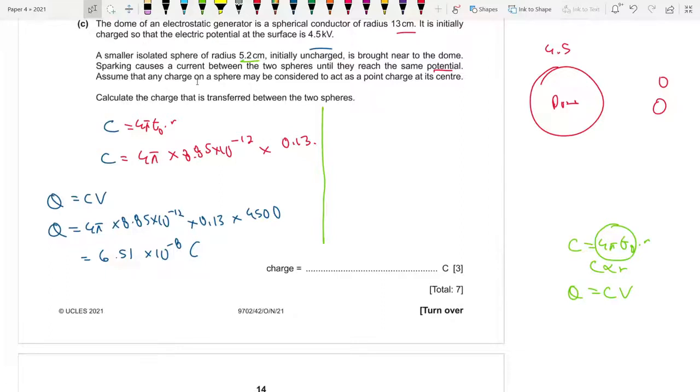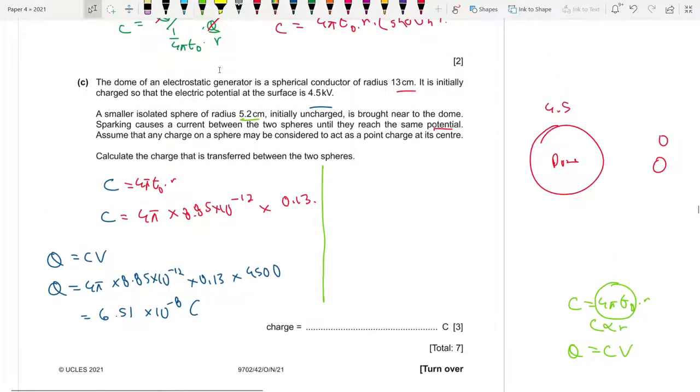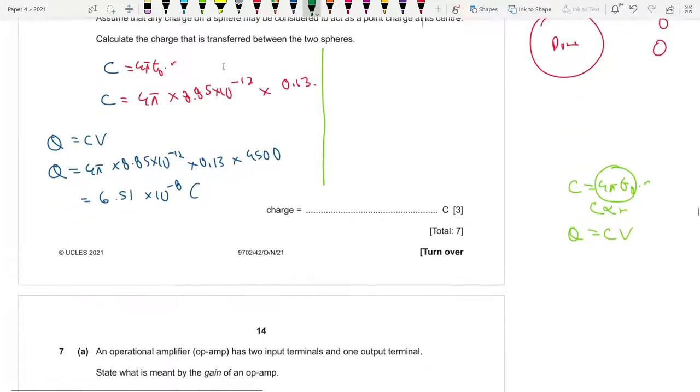Also, we know that C is equal to Q by V. And if we consider they have been brought to the same potential, this is the most important part, V is the same for both of them.